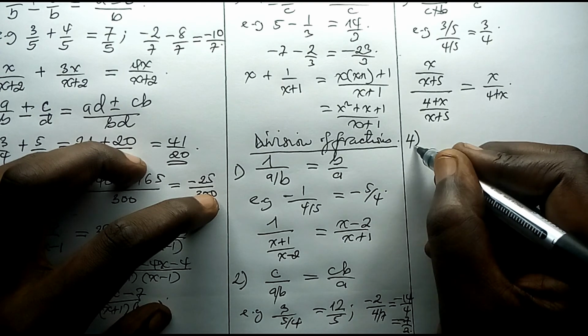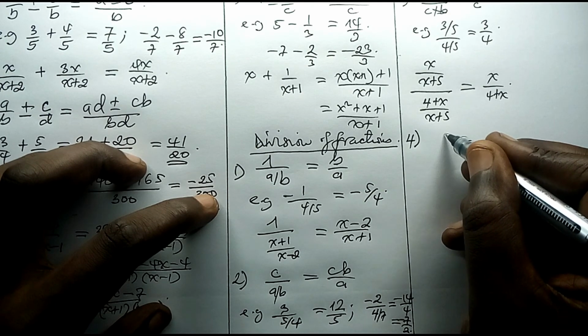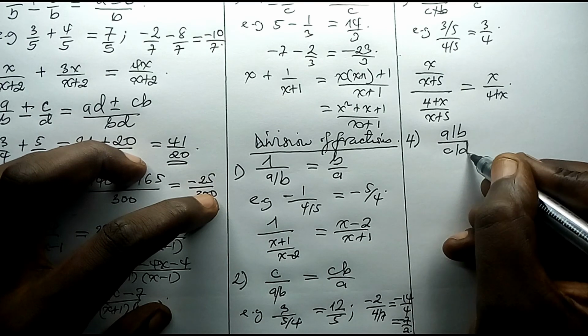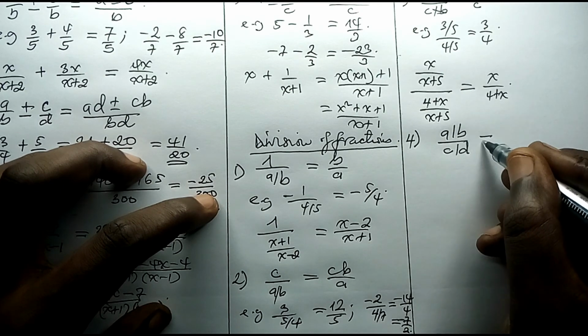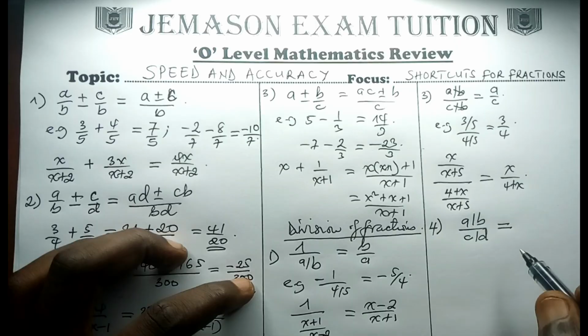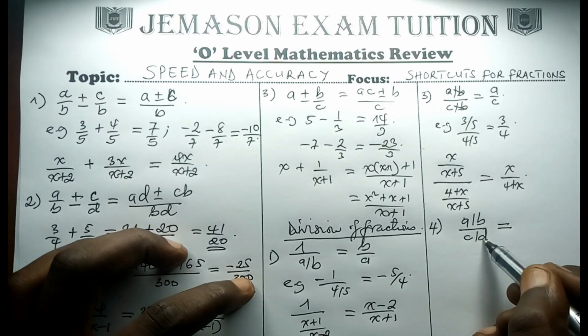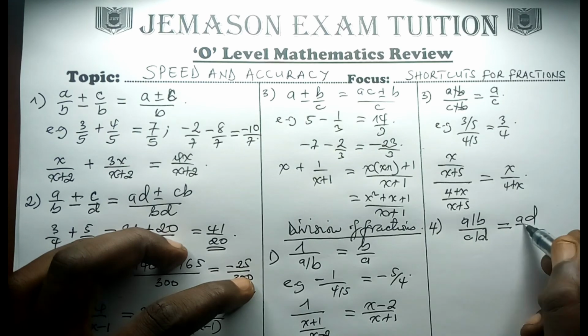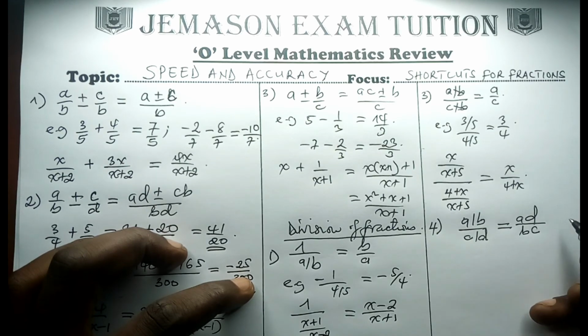In another case, we can have a over b divided by c over d. In this case, I simply say the top times the bottom over the middle times the middle. So I get AD all over BC directly.